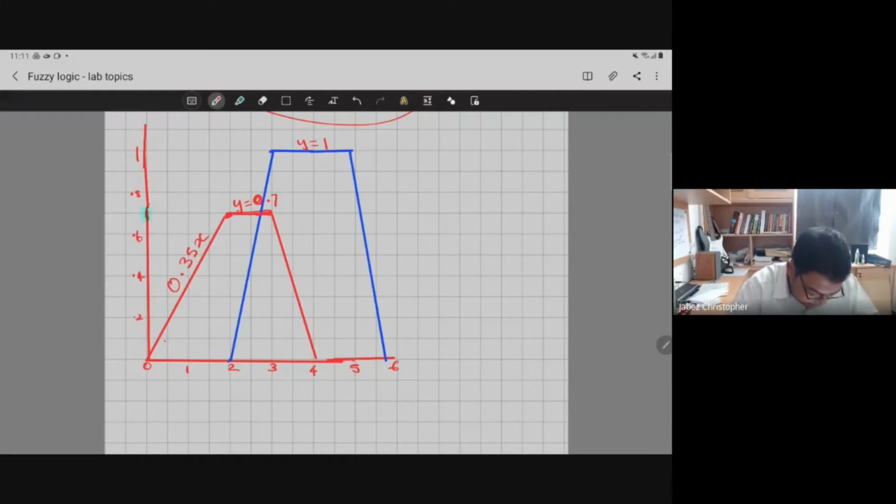And I am actually interested in this region. This line doesn't matter to me. So this will be my final shape that I get down.